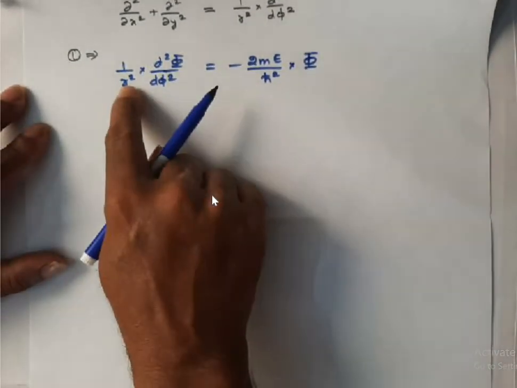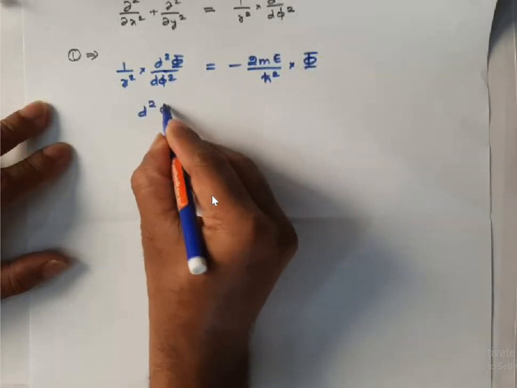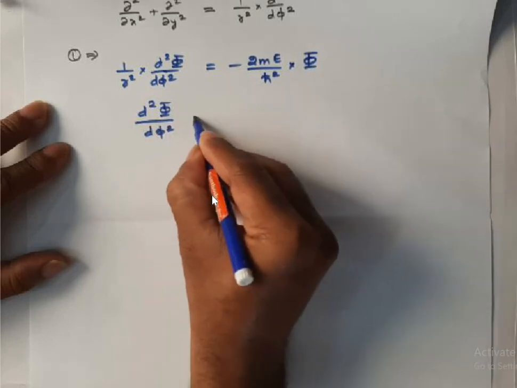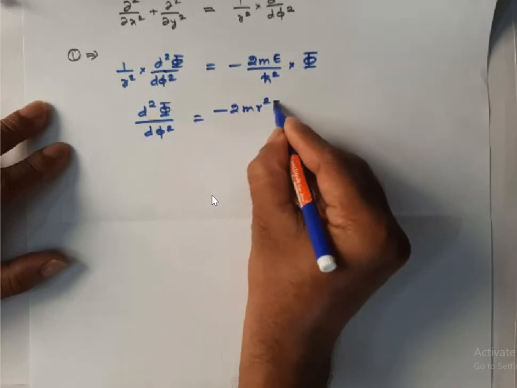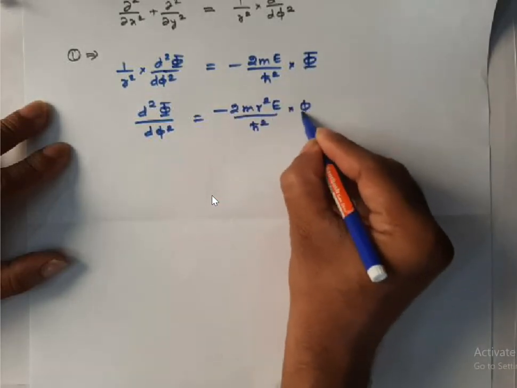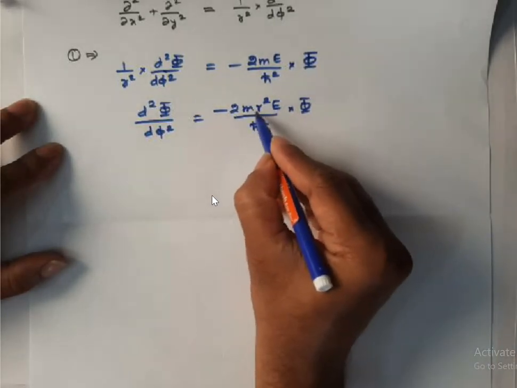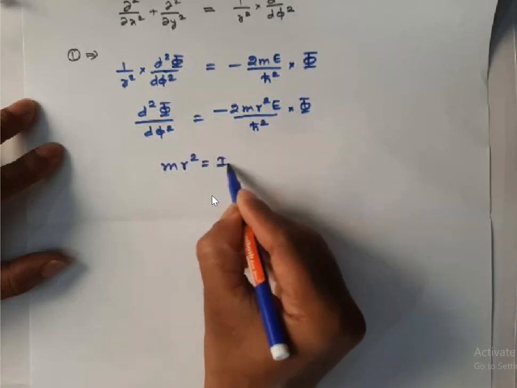I'll bring this r square to the right hand side, so I can write this as d square Phi by d phi square equal to minus 2mr square E over h bar square into Phi. You know very well m into r square is nothing but the moment of inertia.